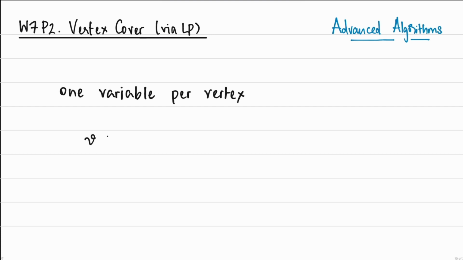So if you have a vertex V in your graph G, then let's associate it with a variable that I'm going to denote by x_v, which takes values in, let's say, 0 and 1. So here I'm imposing an integrality constraint because it gives me this nice semantics, which is to say that if x_v takes the value 0, then in my mind that means that I'm not including the vertex v in my solution.